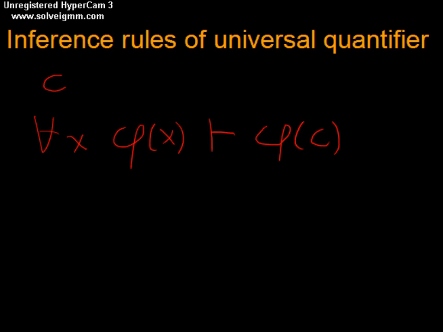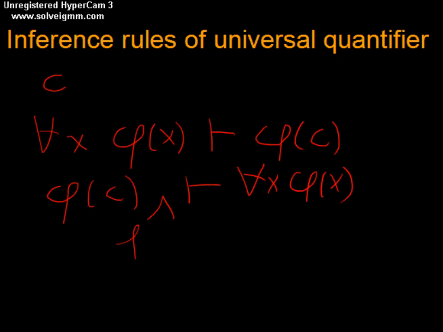And then the universal quantifier introduction. So if phi C is true for any constant, then we can infer for all x phi x. So phi C must be true for all constants.